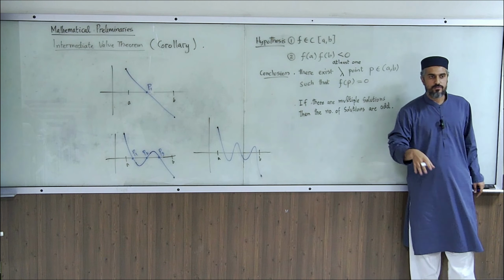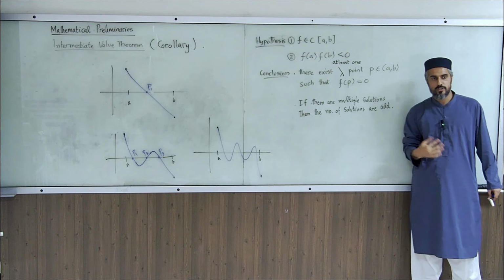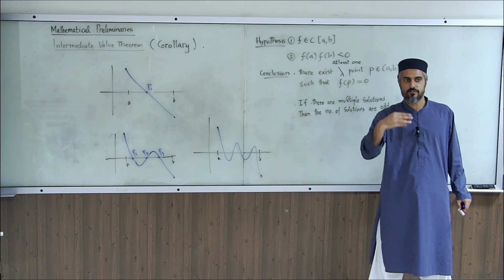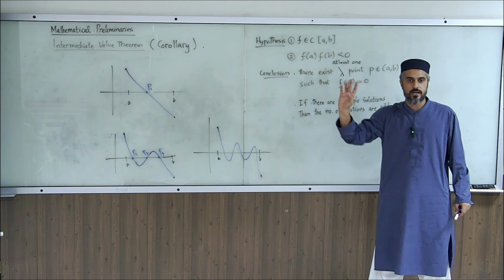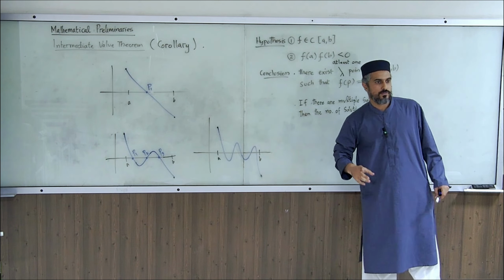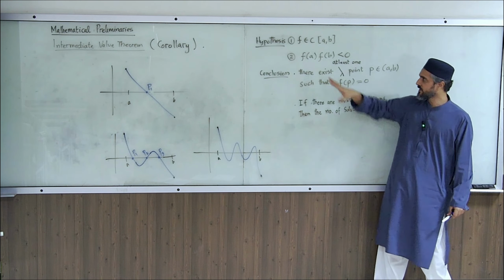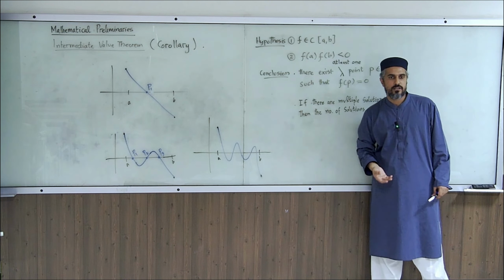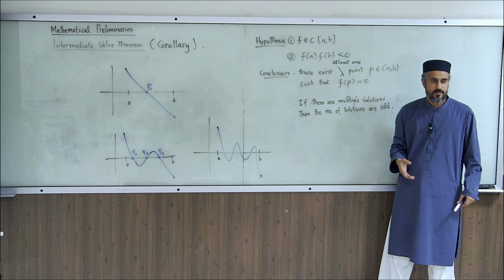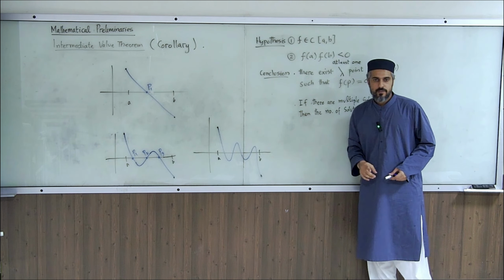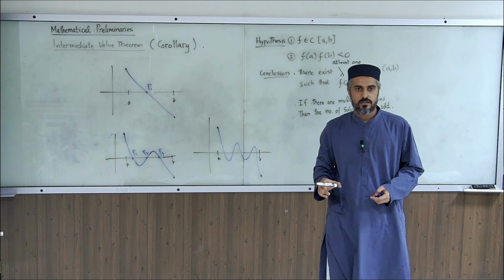There is an odd number of solutions. If there is more than one solution, then there are 3 solutions or 5 solutions, and you can continue with that: 7 solutions, 9 solutions. So if there is more than one solution and this condition holds, then we have an odd number of solutions. If you have any question, you can ask.